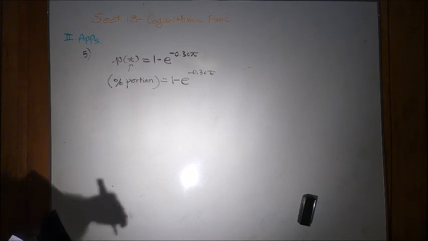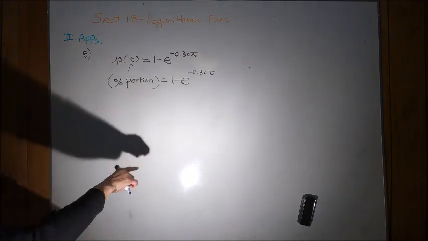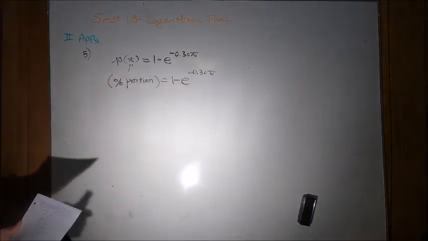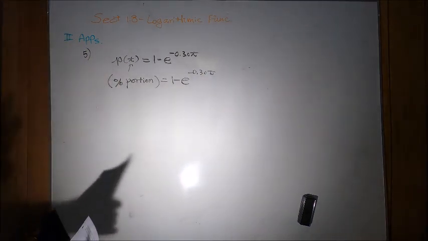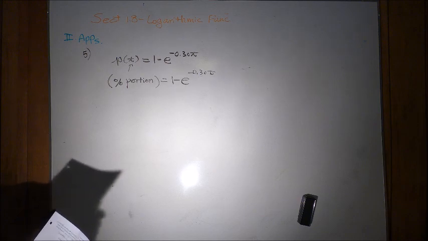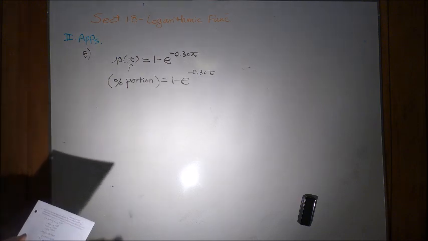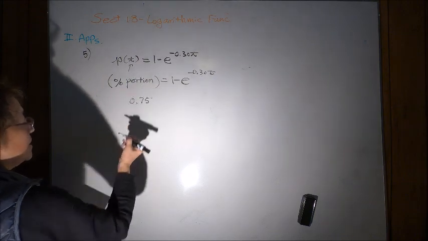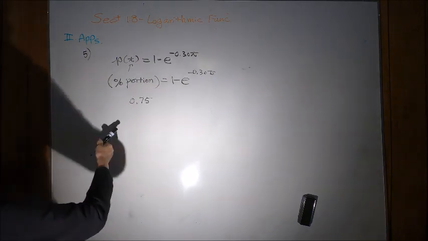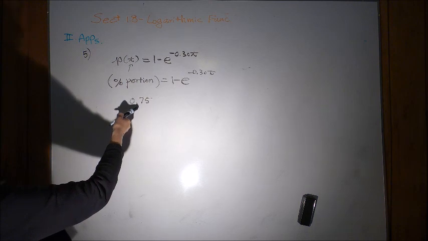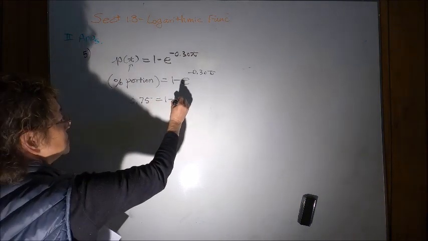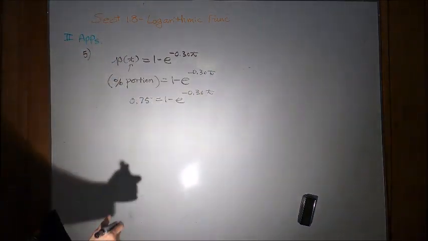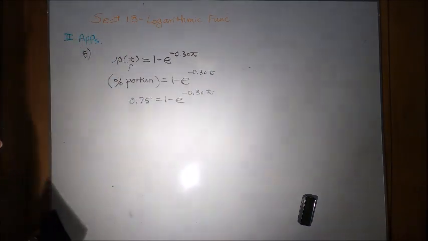During hour 1, what's the percentage? Hour 2, what's the percentage of the population that will hear the news? If it's given to you that 75% of the population heard the news, change 75% to a decimal, and solve according to your time.